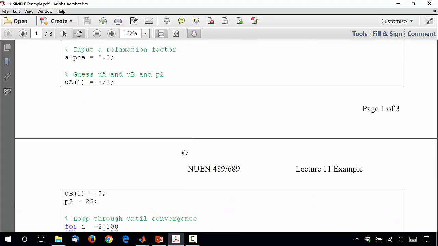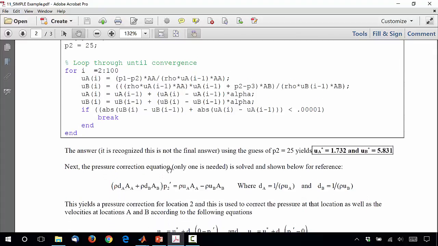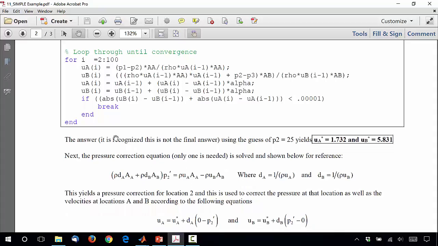You can look through the code in the Matlab script in more detail. But we go through this once, and we get a pressure of 25 and a velocity at A and B equal to 1.7 and 5.8. But this is not going to satisfy the continuity equation.